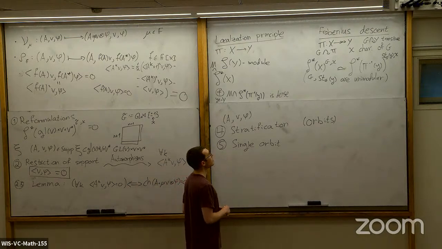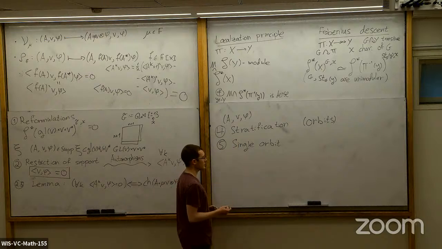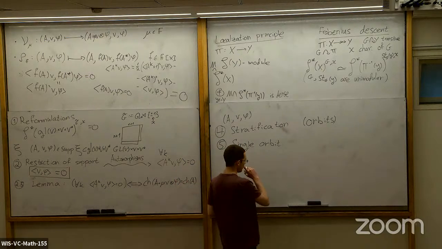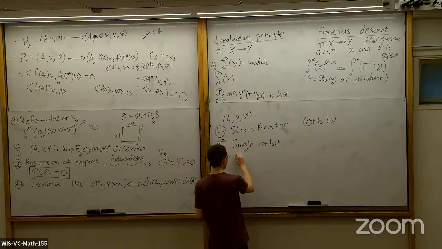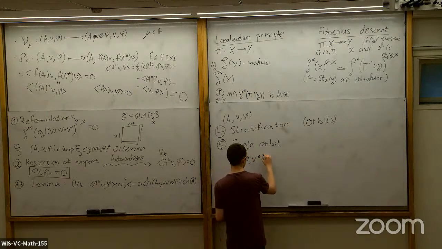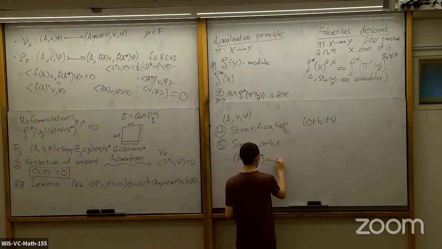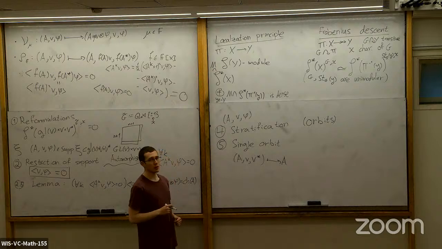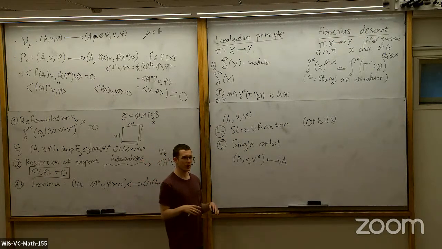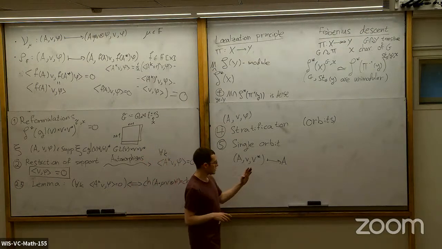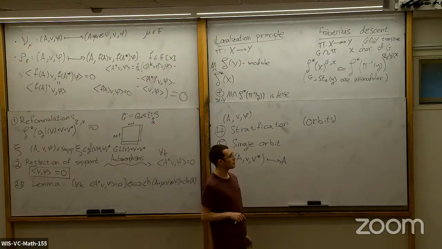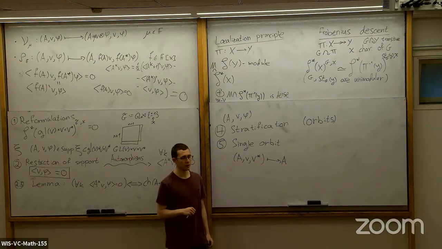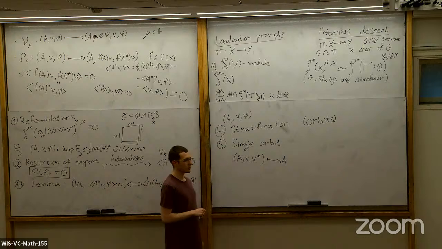So how do we apply Frobenius descent? We can just apply Frobenius descent to the map of A, V, V star goes to A. Because we're restricted to an orbit, the space of such possible A's is G tilde transitive.